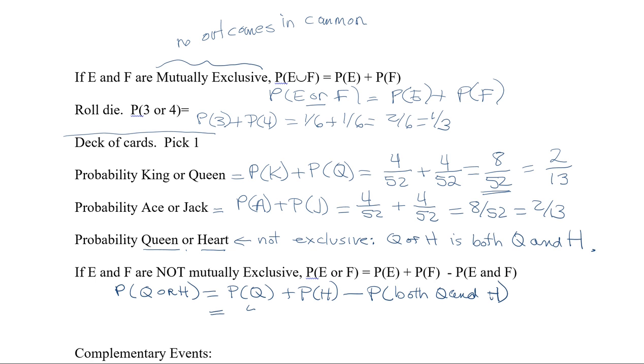And so queen, that's 4 out of 52. Hearts, that's 13 out of 52. But I've got that one card that was counted twice. And so here, when I add these, I get 16 out of 52.